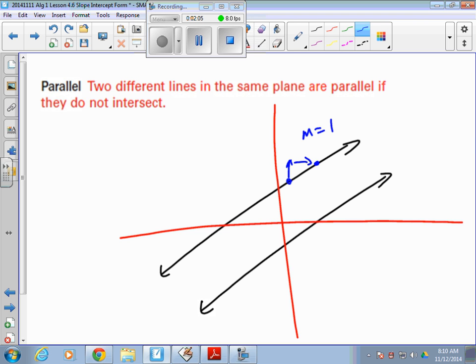The other line that's parallel to it will never cross it because it's going to go up the same one and over the same one. Parallel lines have the exact same slope. That's why they never cross each other, because they rise the same amount as they run.